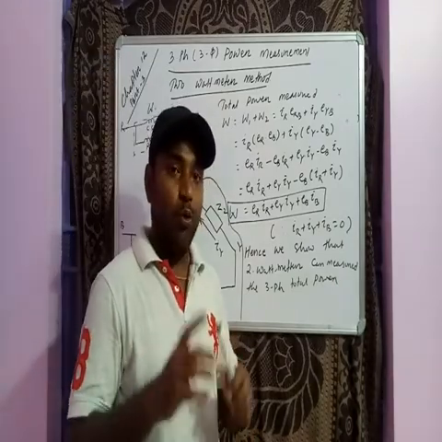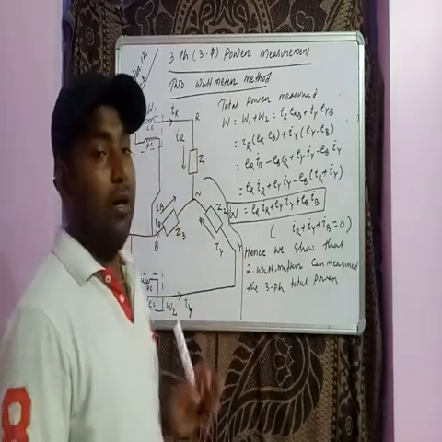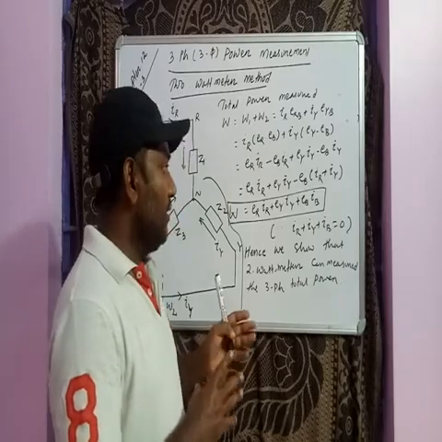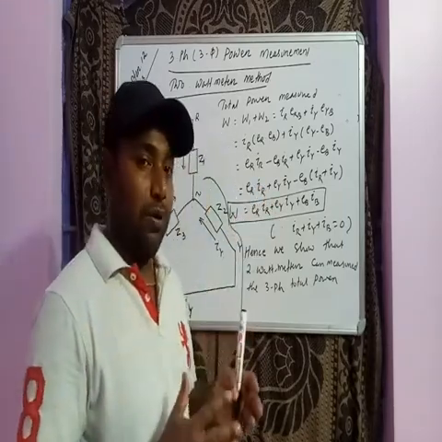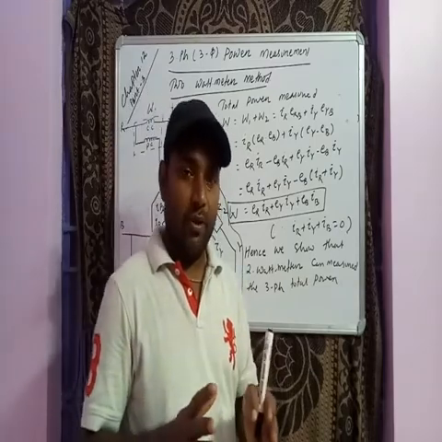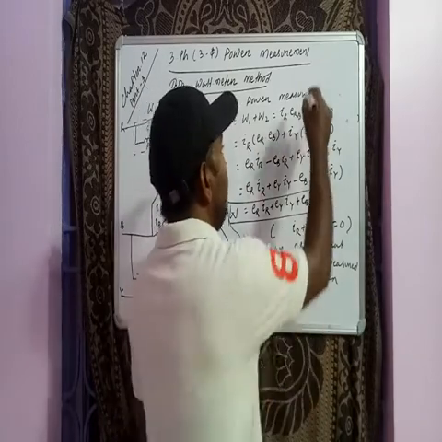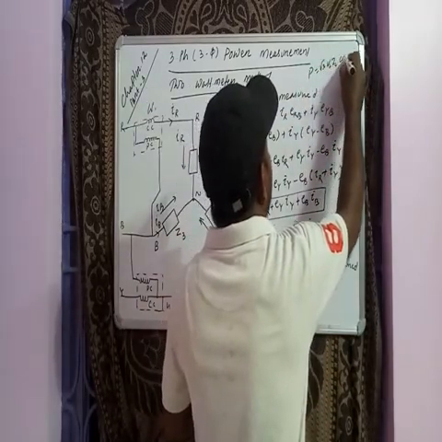So by using 2 wattmeter, we can also measure the total power of the 3-phase system. So we can prove here, and by taking the instantaneous values, I have proved. This is one method. Clear about this? So next one is, as you know, the P value I have given, it is √3 VL IL cos phi.